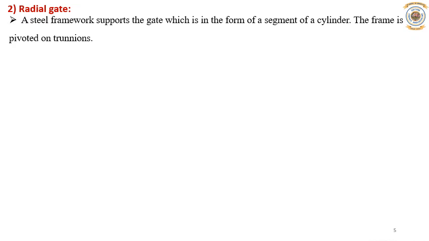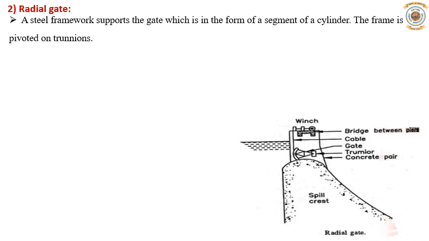Next we will see the second type, the radial gate. This is the diagram for the radial gate, which is also called the tainter gate. The steel framework supports the gate, which is in the form of a segment of a cylinder. The frame is pivoted on trunnions.